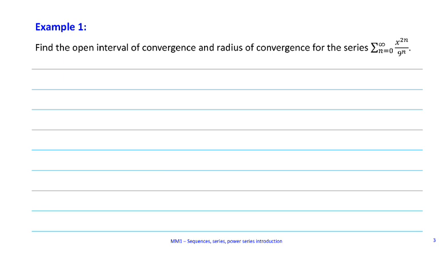Right. Find the open interval of convergence and radius of convergence for the series x to the 2n over 9n. If we expand this out a little bit, we'll have 1 plus, so that's just x to the 0 is going to be 1, 9 to the 0 is 1.